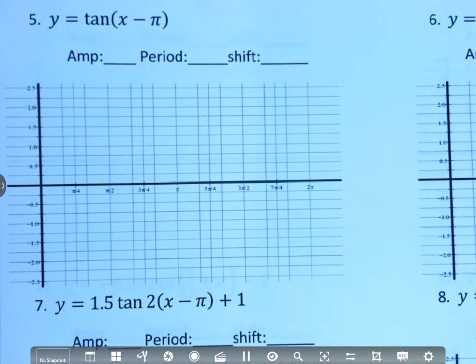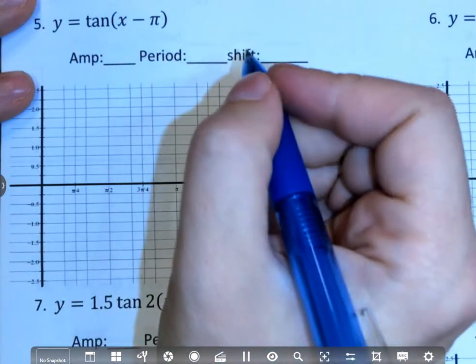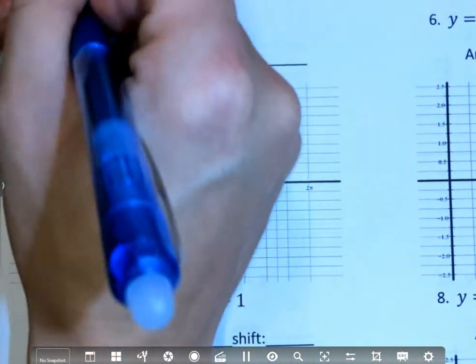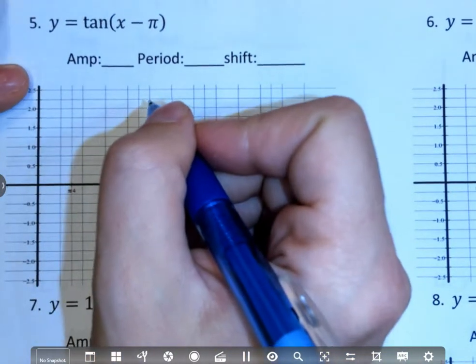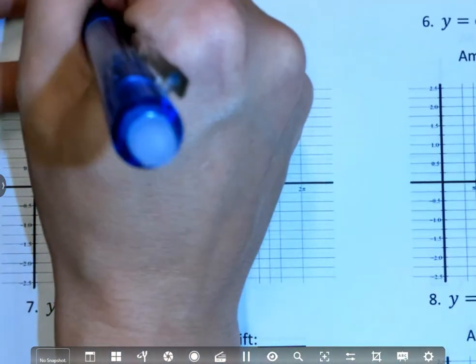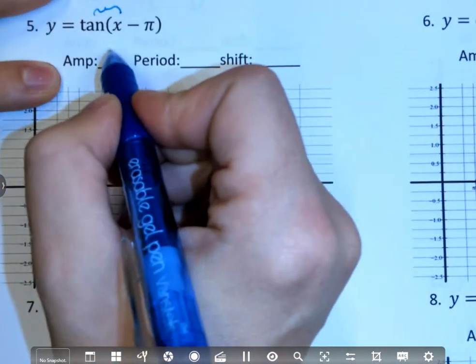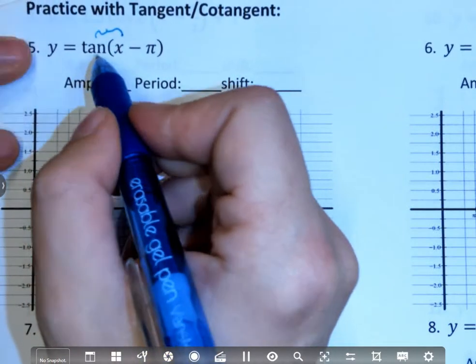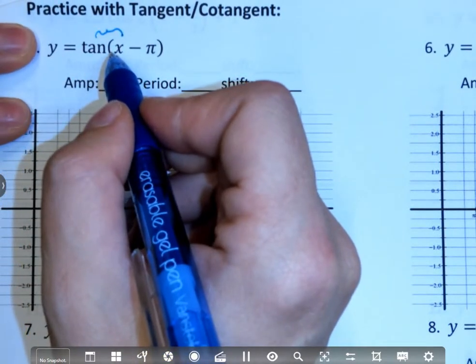Understanding that a tangent really doesn't have an amplitude. What are we thinking of for the amplitude for this one? Top and bottom, and what would it be? 1. Again, your b is the number between your tangent and your variable. What's b? 1.